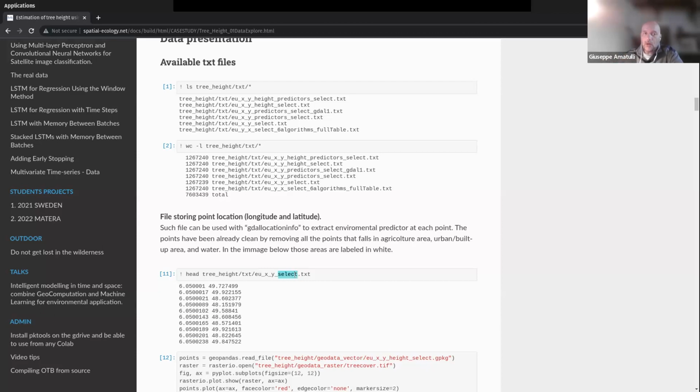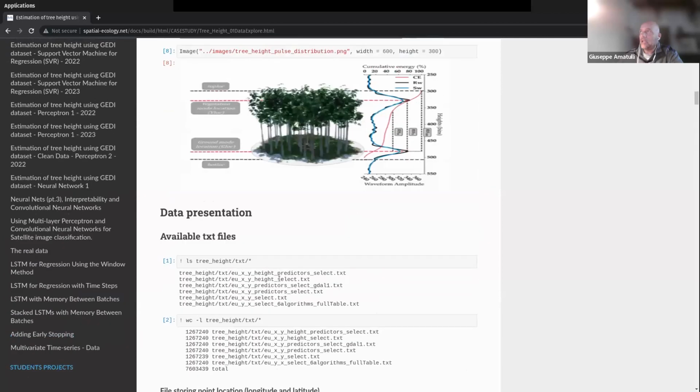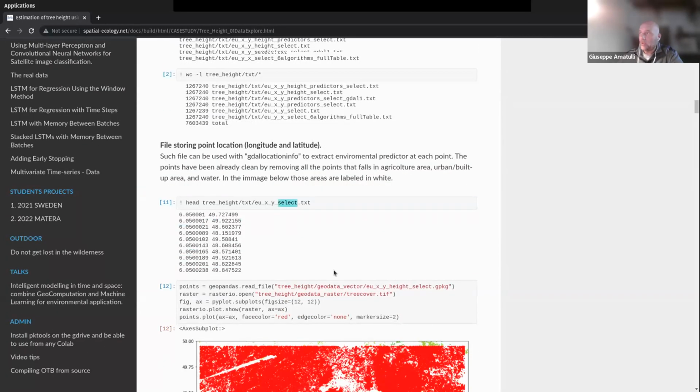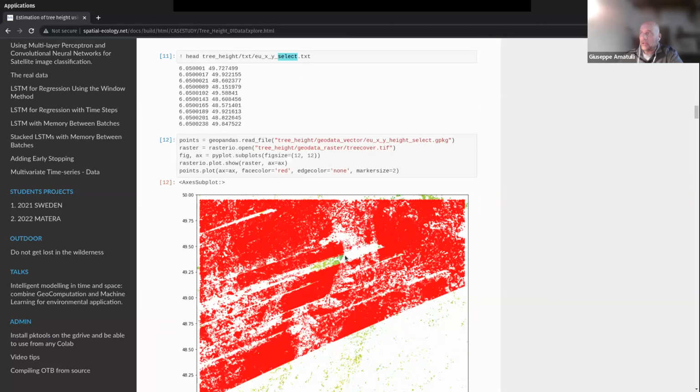So there has been a lot of data cleaning, especially because some of the data set also fell, I mean, the GEDI data fell everywhere in the forest, but also in agriculture and urban areas. Due to that, we are going to focus on the tree height.